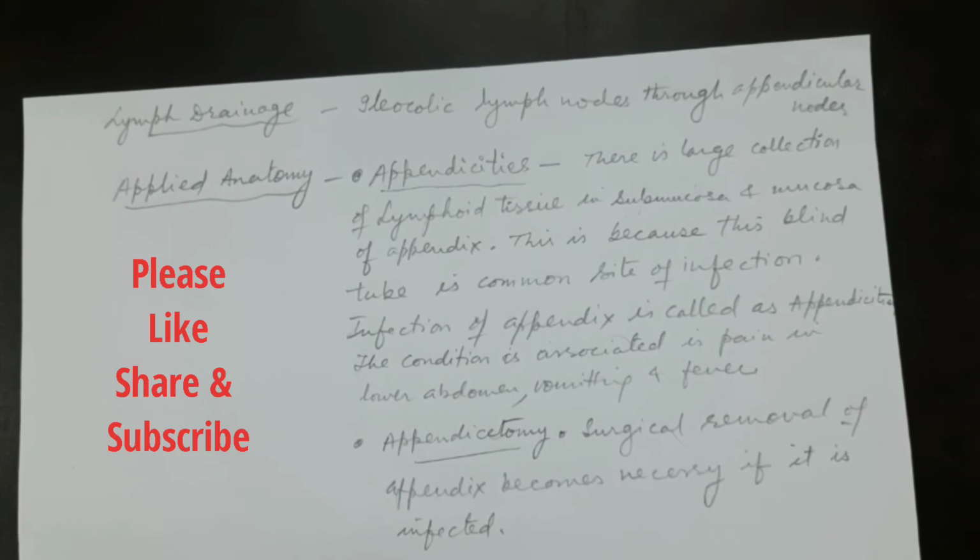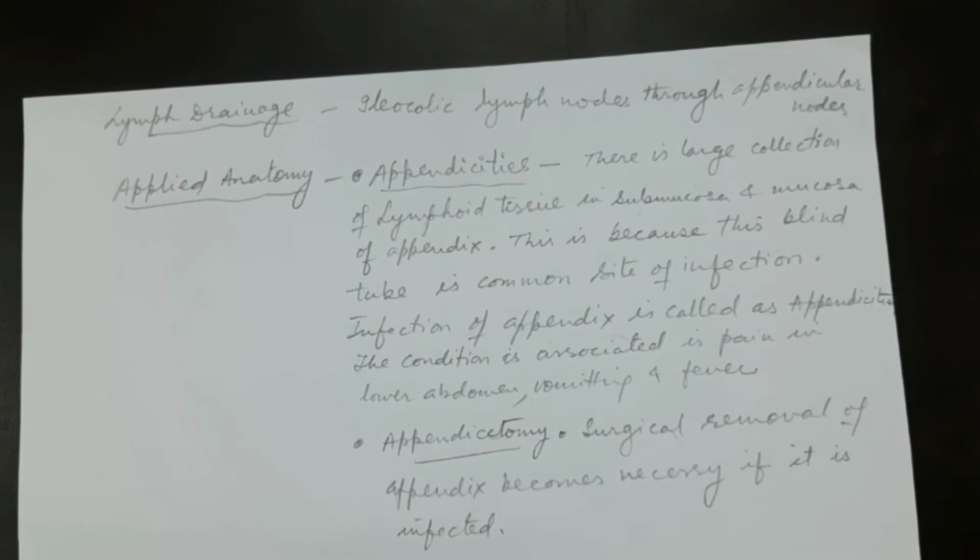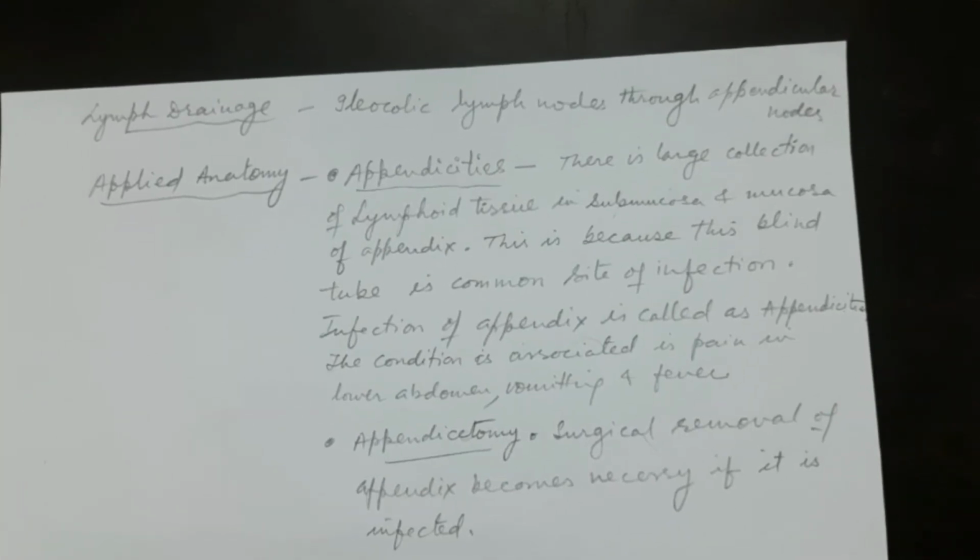There is infection of the appendix because there is a large collection of lymphoid tissue in the submucosa and mucosa of the appendix. If you learn the histology of the appendix, many lymph nodules are present within the mucosa and then the submucosa of the appendix wall.